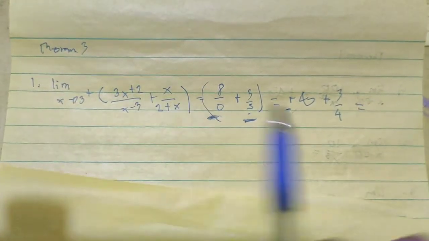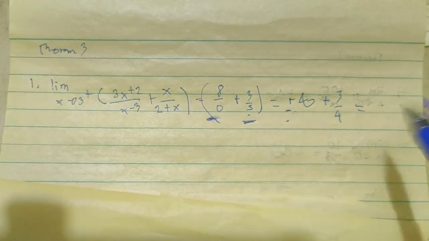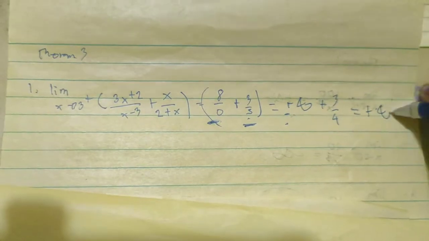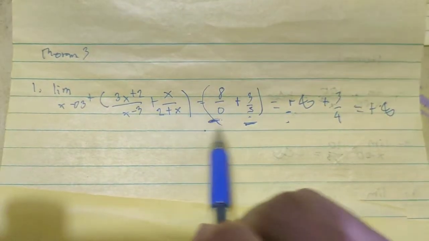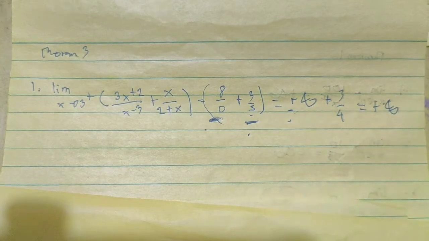Then, if we add both, positive plus positive, the answer should be positive infinity. Alright? Because this is positive and this is also positive, the answer should be positive.